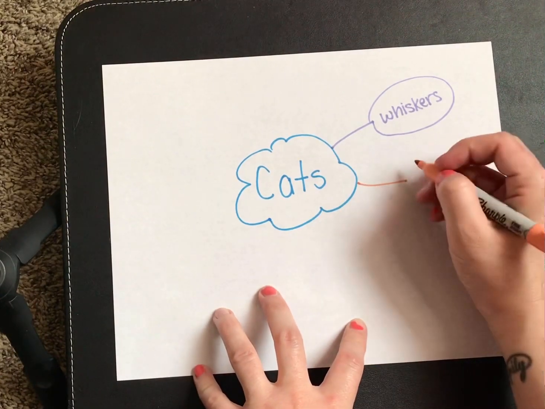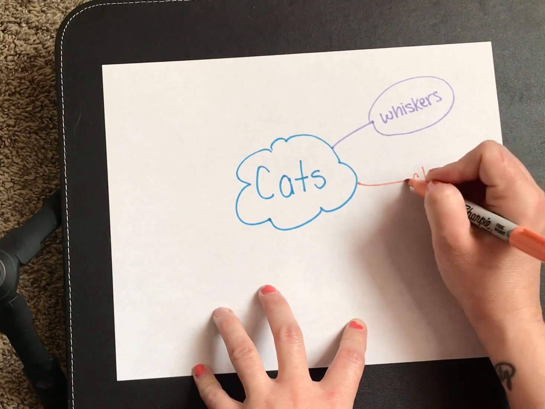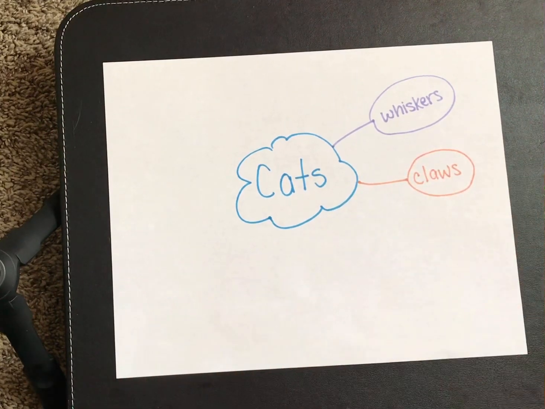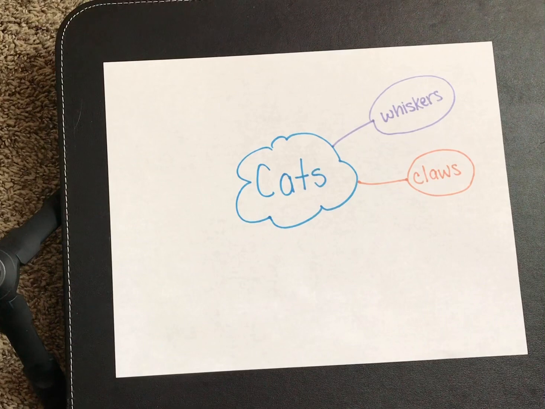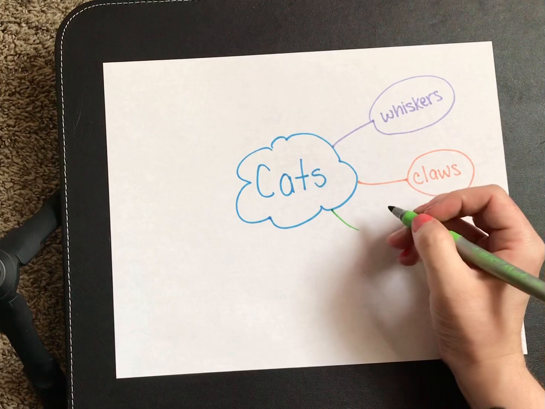I could talk about their claws. Oh, there's some whiskers right there. I could talk about their fur.